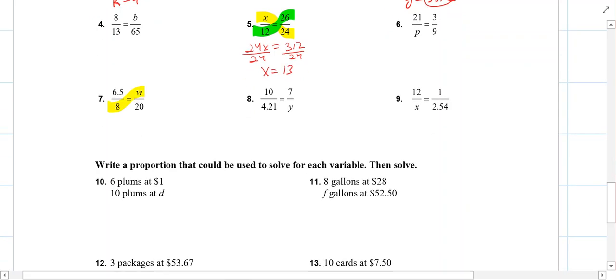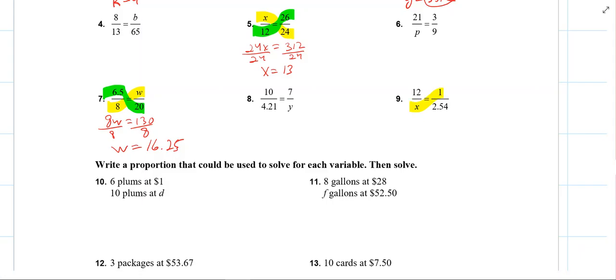8 times w, equals 6.5 times 20. That is 8W, and 6.5 times 20 is 130. Divide both sides by 8, and W is 16 and 25 hundredths.